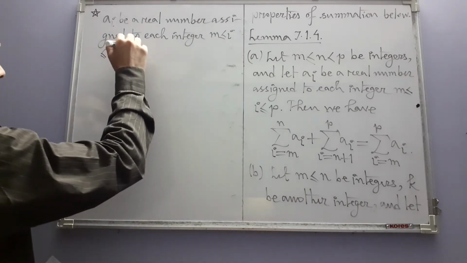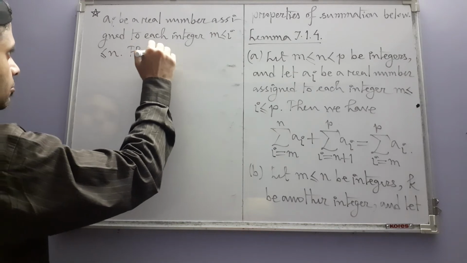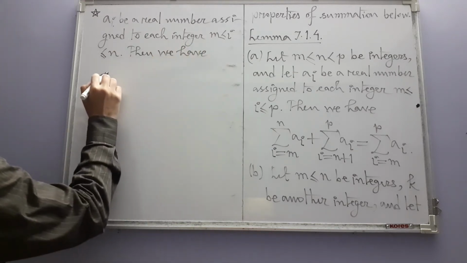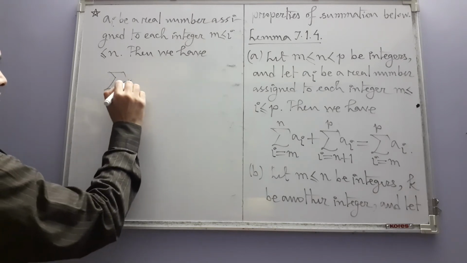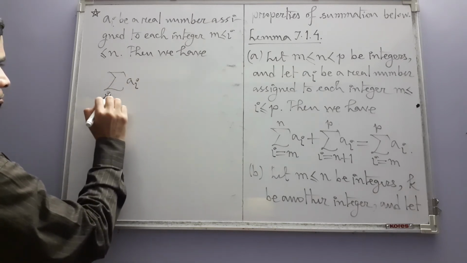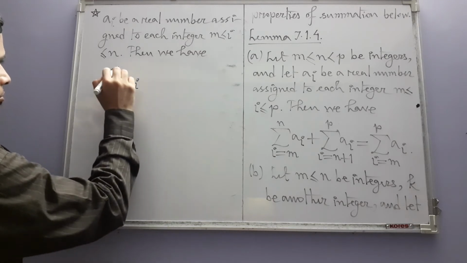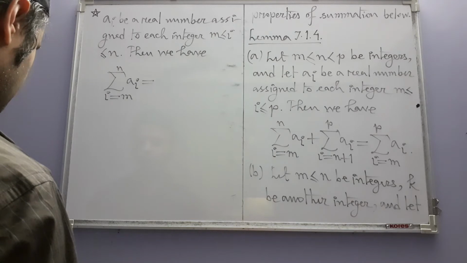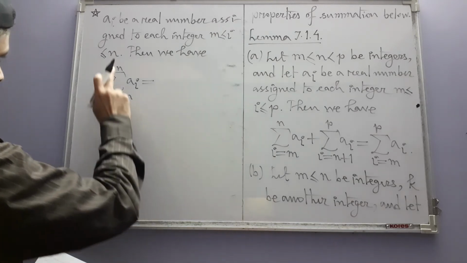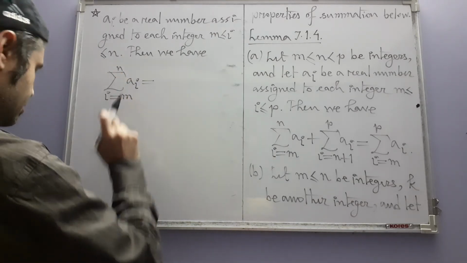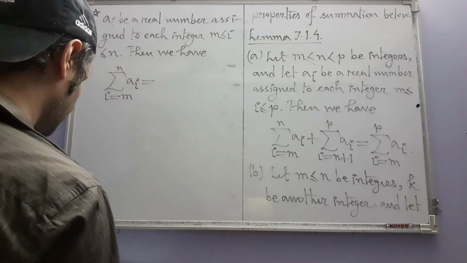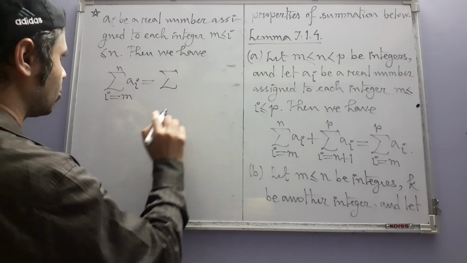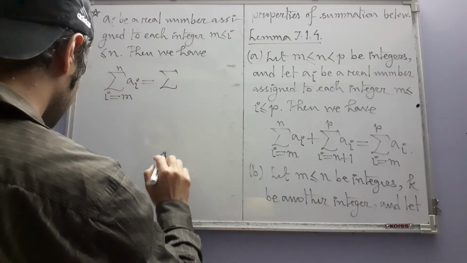Then we have that our series is equal to... we can change these numbers, and we can also change what we write in place of i, without altering the sum of the series.